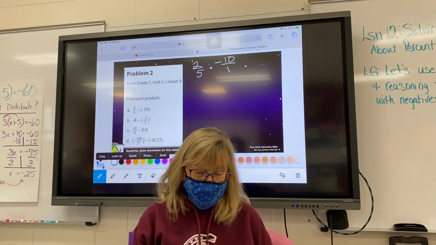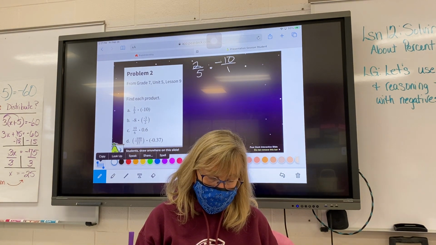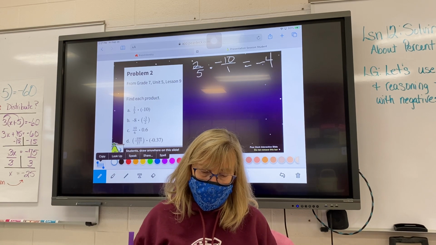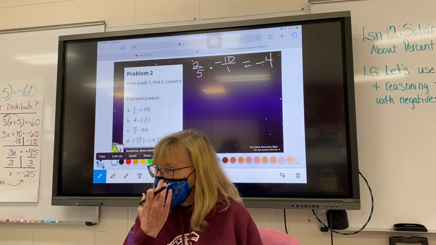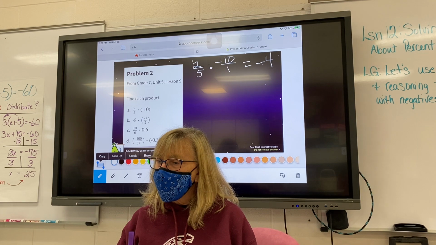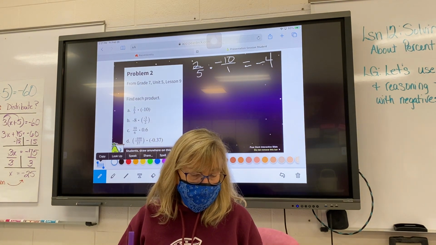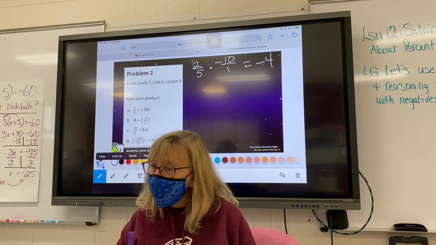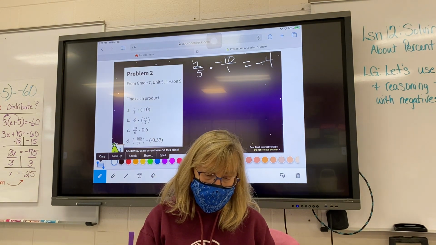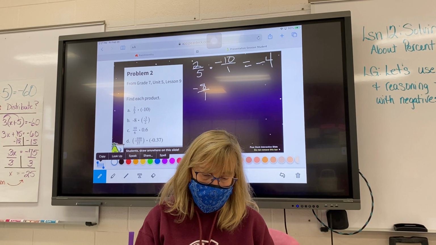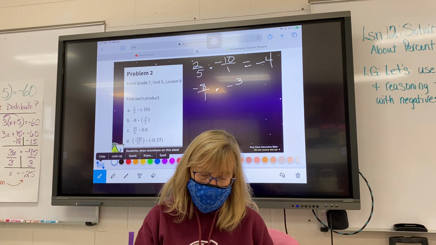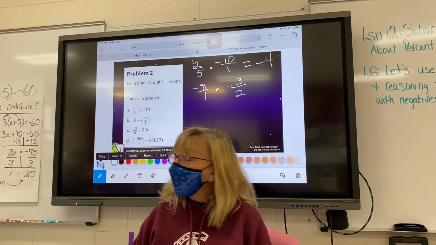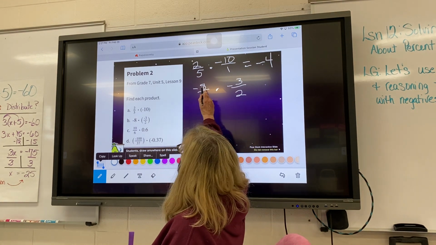All right, so what I'm seeing is a negative 4 for A. If you got negative 20 over 5, all you did was you forgot to reduce it. Okay, for B, I'm seeing positive 12. So if you've got negative 8 over 1 times negative 3 over 2, you can multiply straight across. Or could I cancel numerator to denominator here?